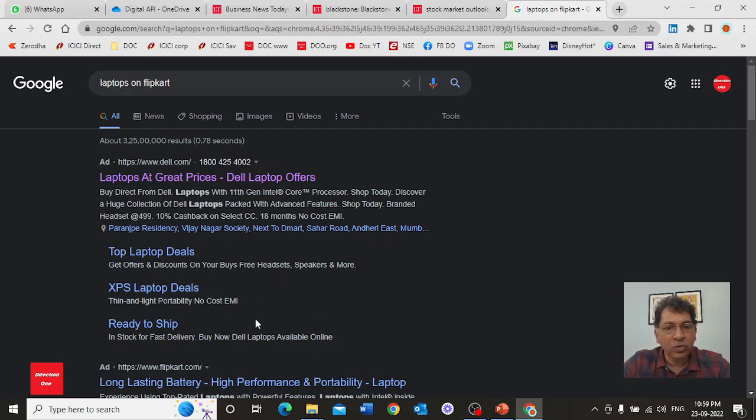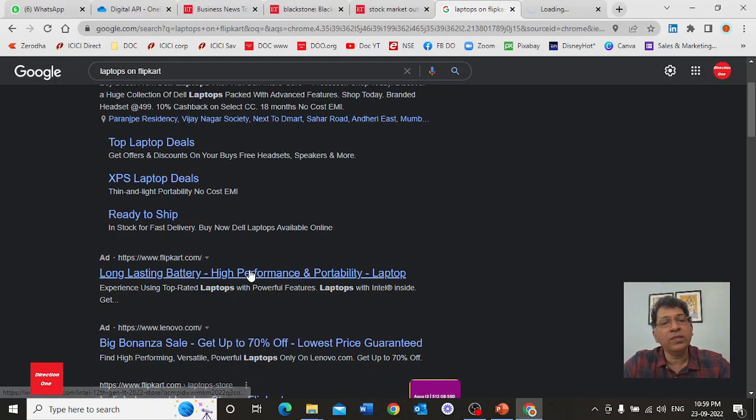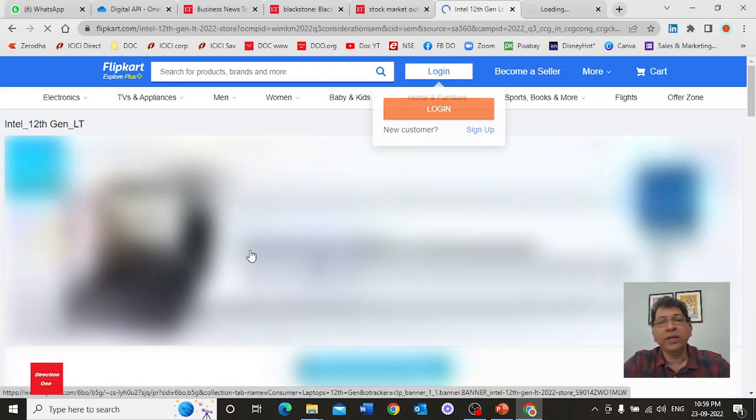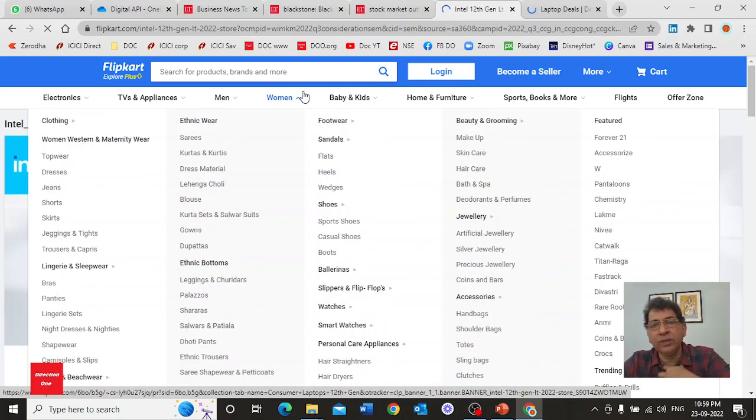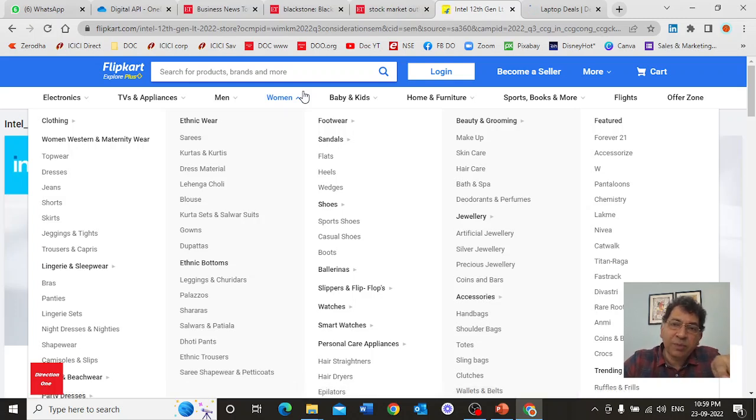So right now I'm only seeing an impression of the ad, and if I now click, or let's say I click here on the Flipkart ad, that is when Flipkart is paying whatever it had bid for as far as the keyword was concerned. What was the keyword that we used? Laptops on Flipkart. So this is the difference between CPC or PPC campaigns and CPM campaigns.